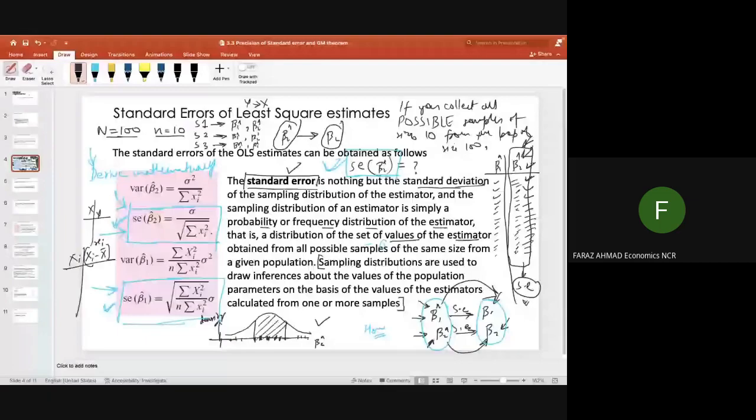And small x is capital X i minus capital X bar. This is small x i, right? So that small x is used in the denominator, right? The only thing in the denominator is small x. And you can get this small x using capital X, right? So simple to get the denominator.